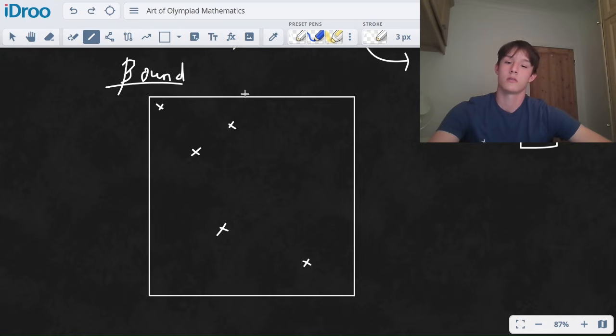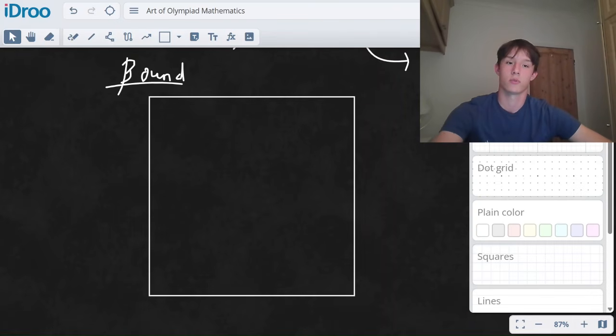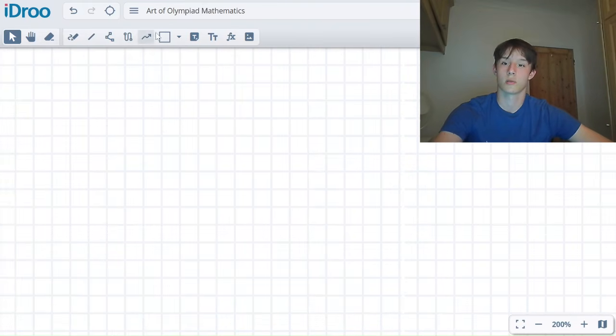So let me just draw the board nicer. I guess I'll just get rid of the blackboard. I'm sorry guys, I know you like it, but let's make the square board.